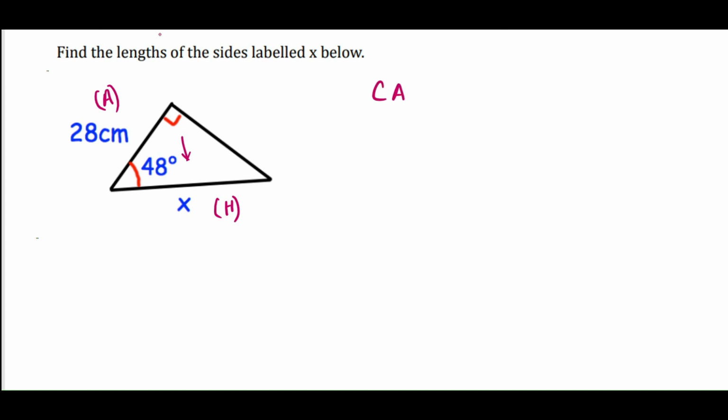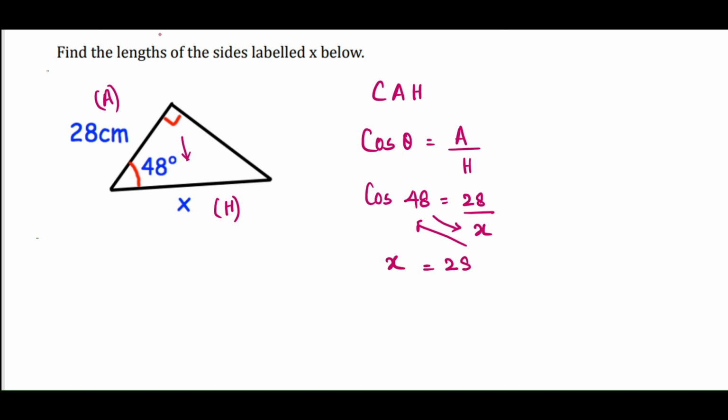So we use CAH here, where cos theta is equal to adjacent over hypotenuse. Now we substitute our value, so cos of 48 is equal to 28 over x, and we rearrange to get x is equal to 28 over cos 48.